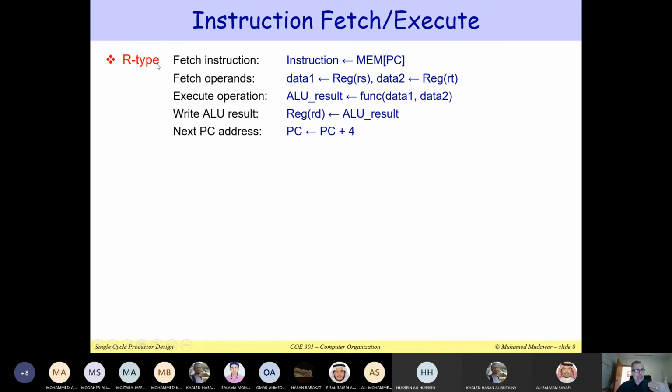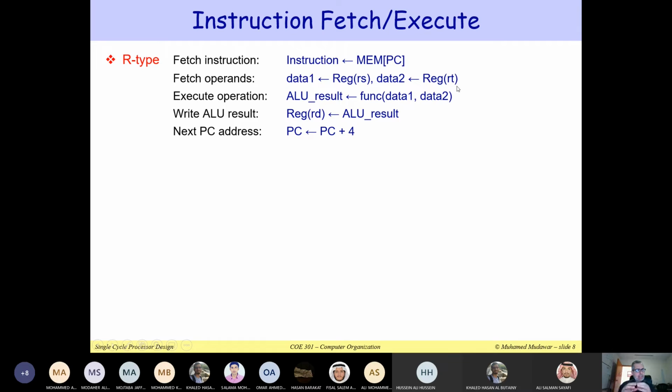If we know that this instruction is an R-type, we need to read two general purpose registers, RS and RT. So we get data 1 and data 2. Data 1 is the value of register RS, and data 2 is the value of register RT.